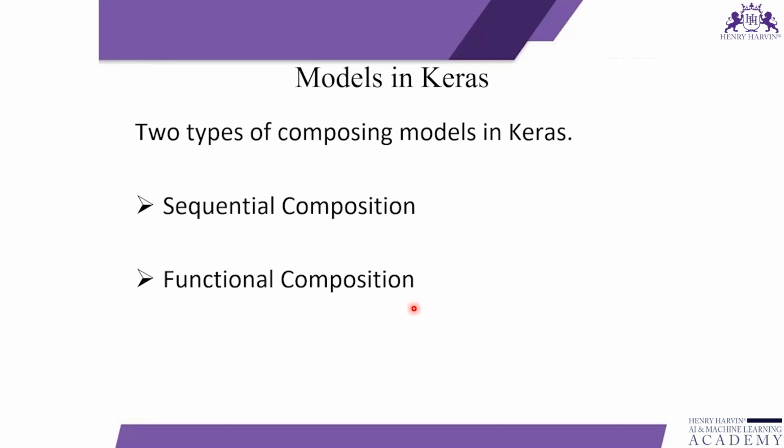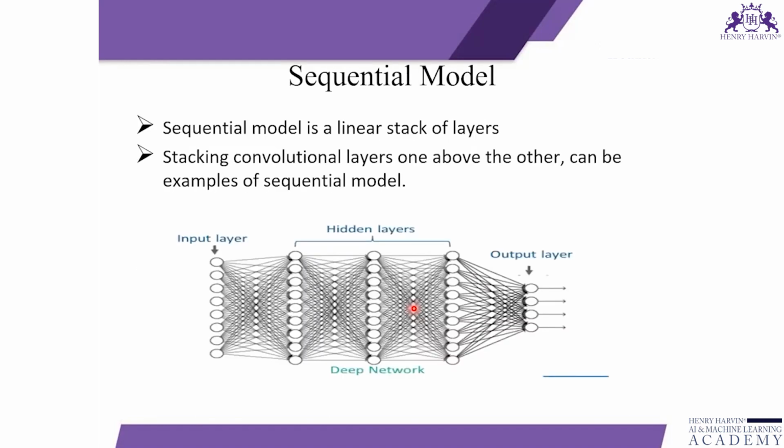And there is another type, functional composition, and we will be discussing it shortly. And it would be helpful because there are some APIs involved in terms of functional composition, and we can call these APIs from Keras.